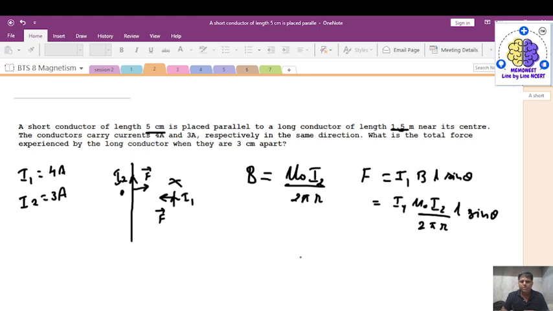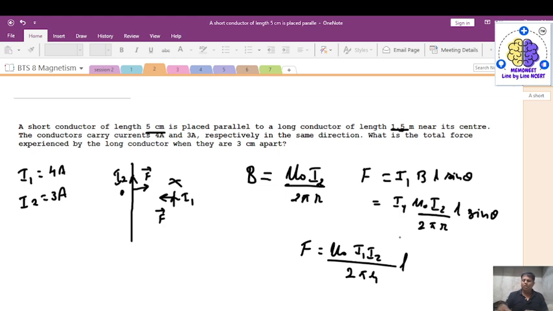that the force experienced by the conductor, F, will be equal to mu naught I1 I2 upon 2 pi r into L and sine theta. Here theta is 90 degrees, so it will be 1.